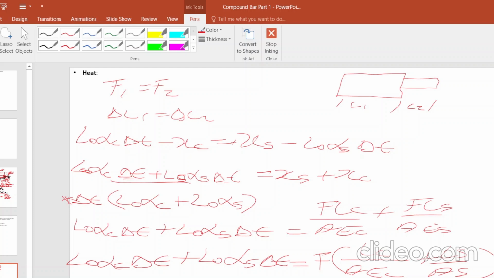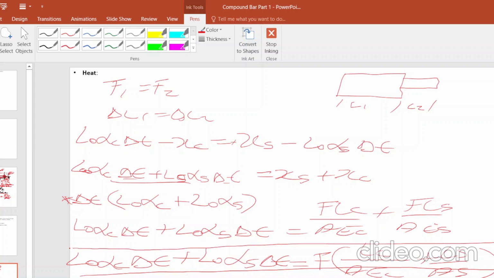If length is equal, then this is appropriate. Now, this is the formula of the expansion of material due to heat under your series connection. This is the formula that we'll be using to calculate whatever they want us to calculate under your series connection. Now, we'll be working with those two formulas in calculating the change.